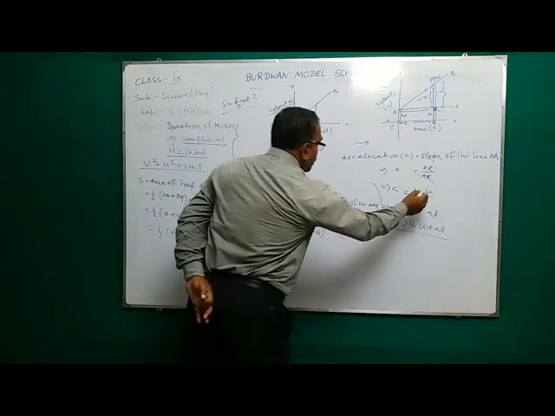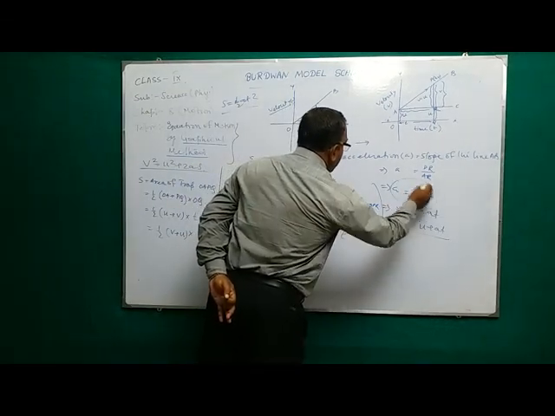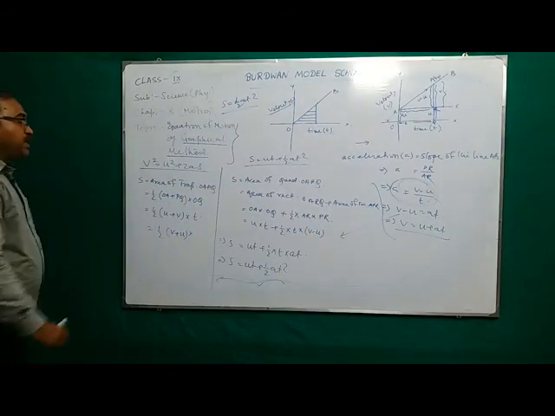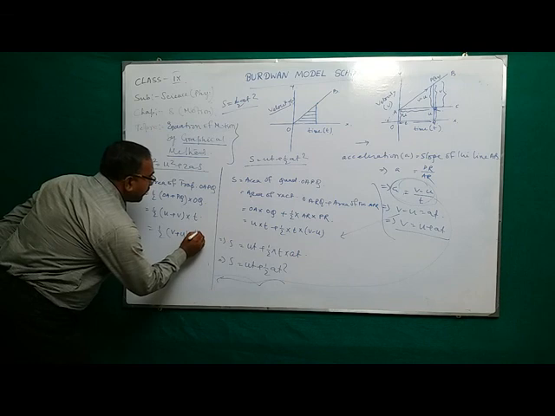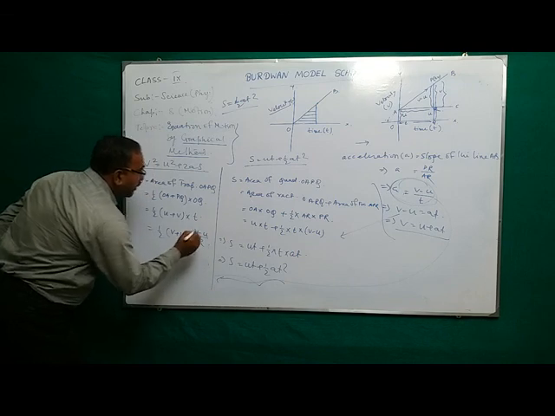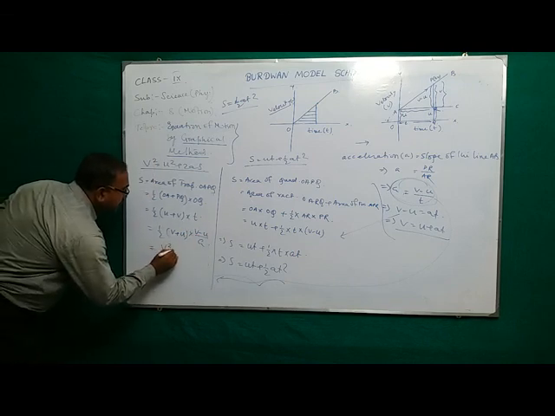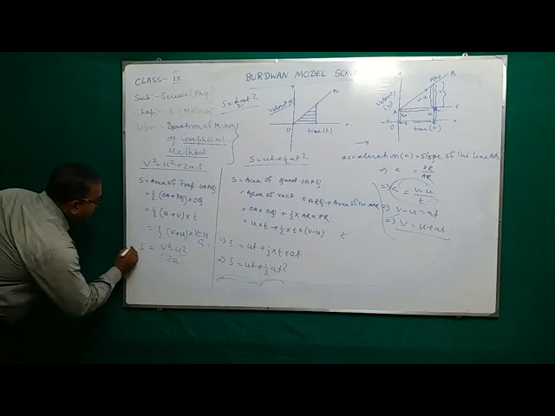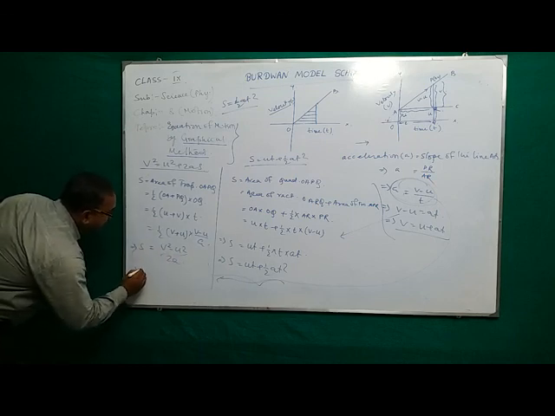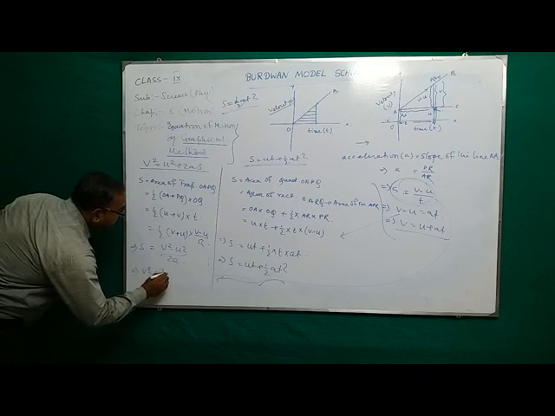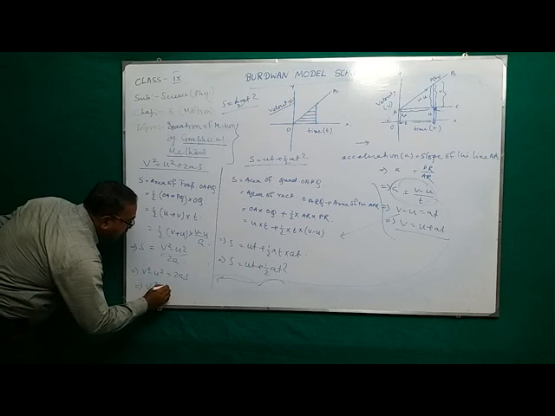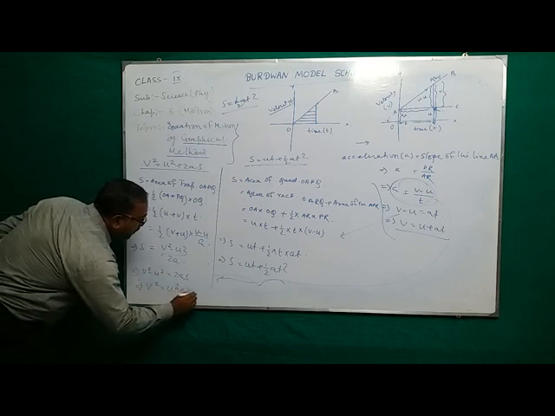T equal to V minus U by A. So that value will be V square minus U square by 2A. So you cross multiply it. V square minus U square equal to 2AS. V square equal to U square plus 2AS.